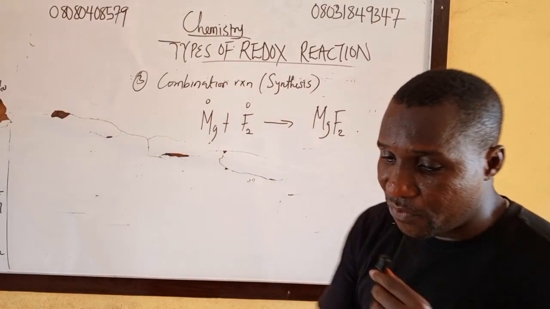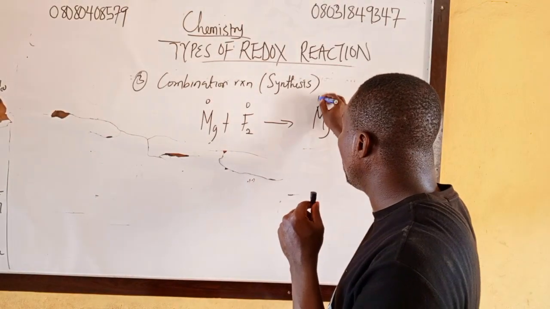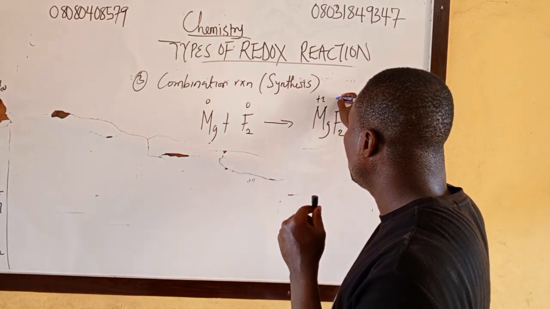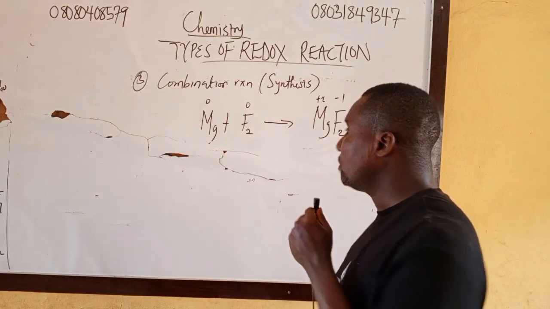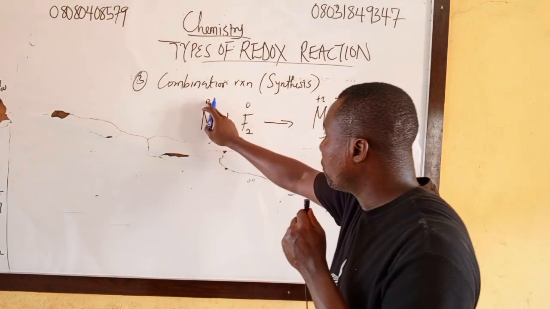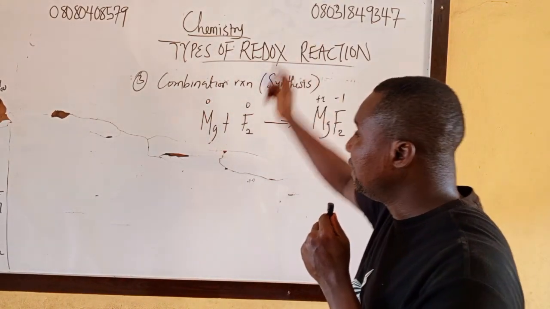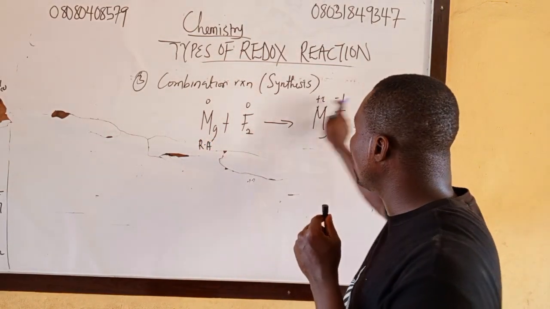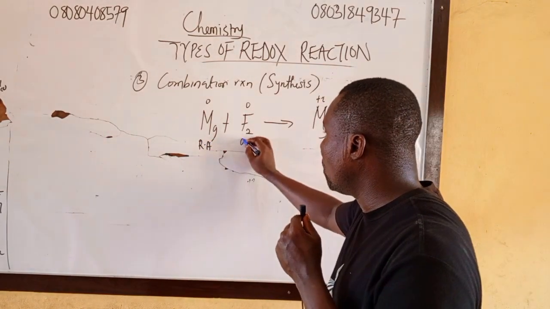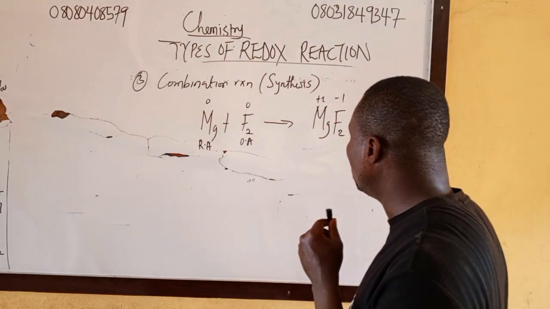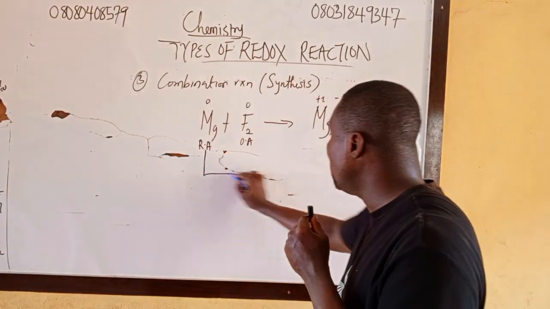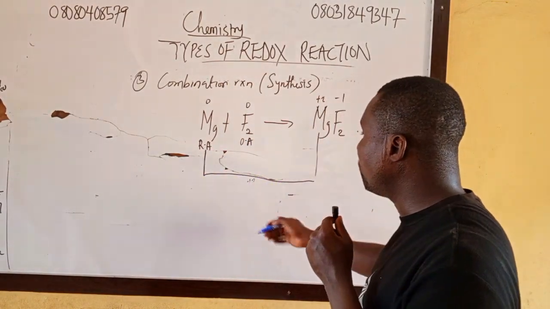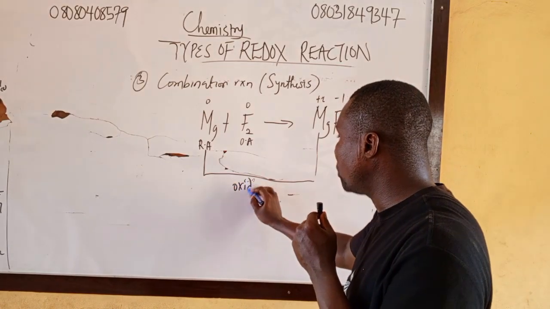That means the oxidation number of magnesium is plus 2 and fluorine is minus 1. What happened? Magnesium from 0 to plus 2 has increased, reducing agent. Fluorine from 0 to minus 1 has reduced, oxidizing agent. That means from here to here, what kind of reaction? Oxidation reaction.